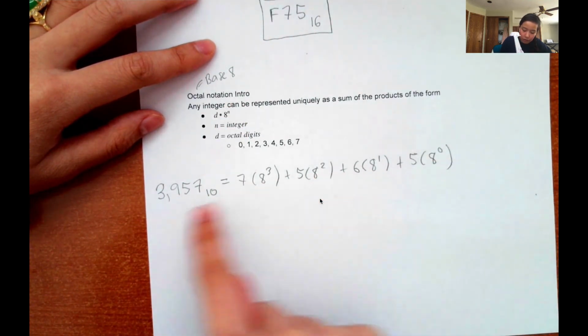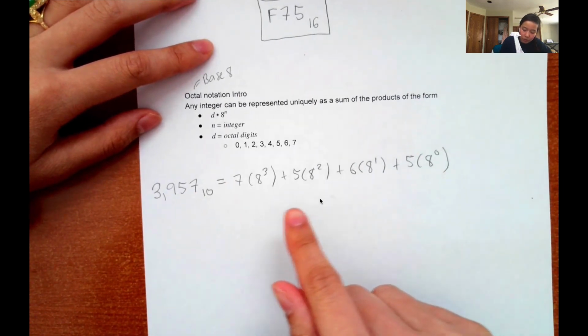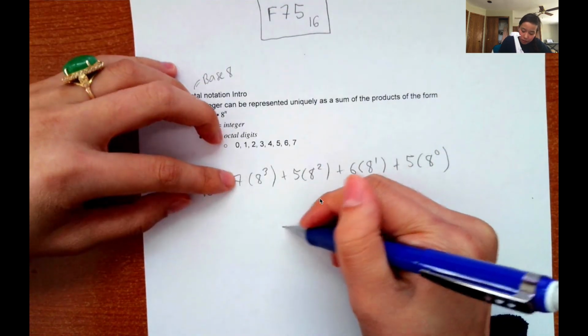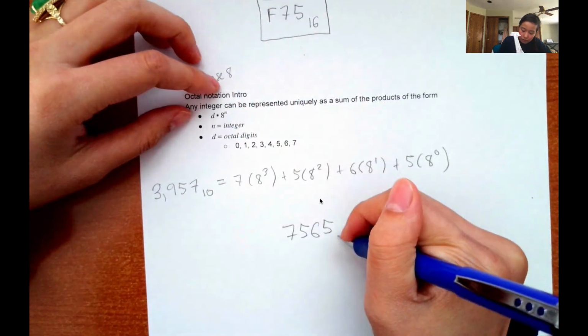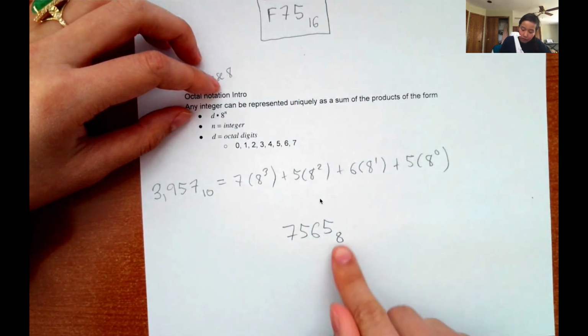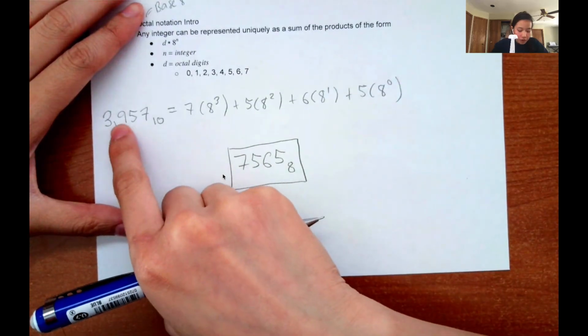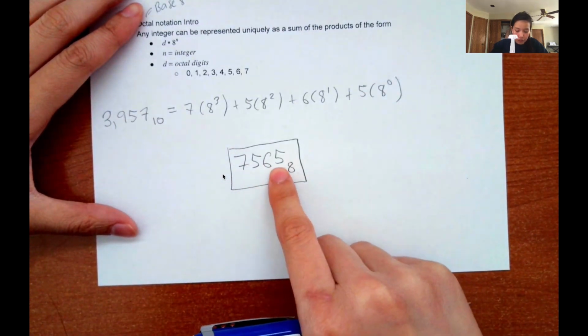If I add them all up, I get 3,957. So in order to get the base 8 number, I would take all the d's. They would be 7, 5, 6, and 5. And I will put a subscript 8 right here to indicate that this number is in base 8. And there you have it. 3,957 in base 10 is equal to 7,565 in base 8.